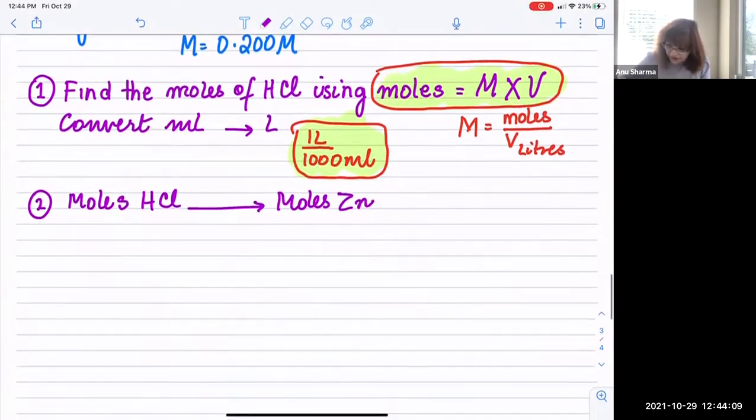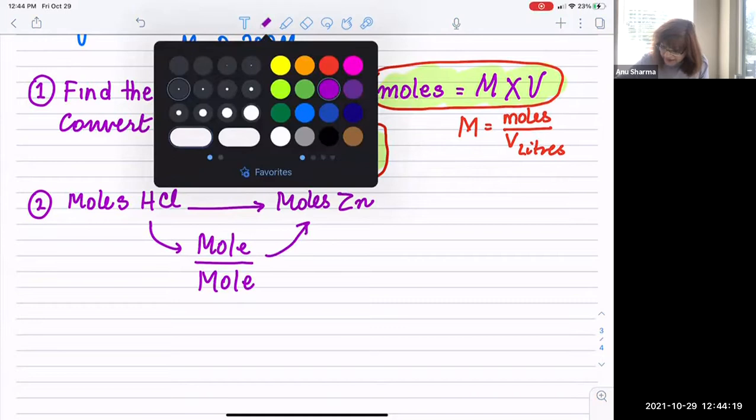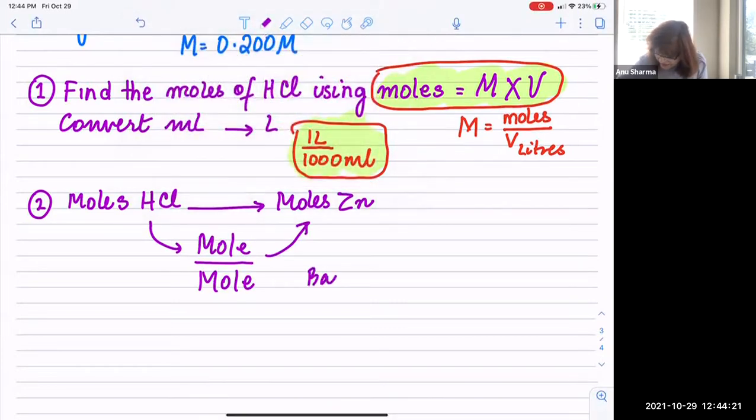How do you do that? Using the mole to mole ratio, and that mole to mole ratio comes from the balanced equation. It's very important to see the balanced equation, and this balanced equation is this.